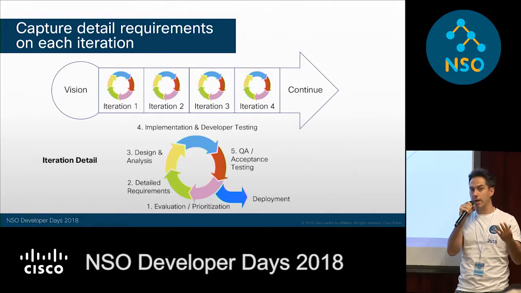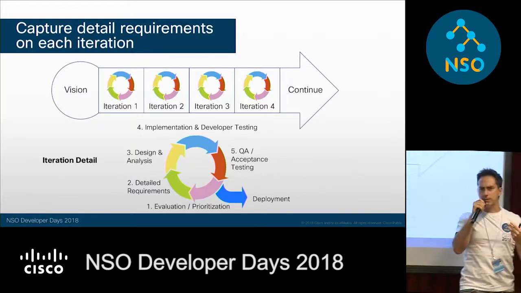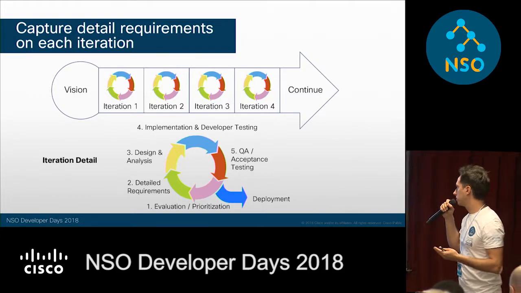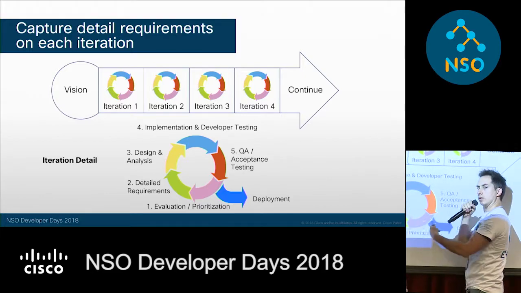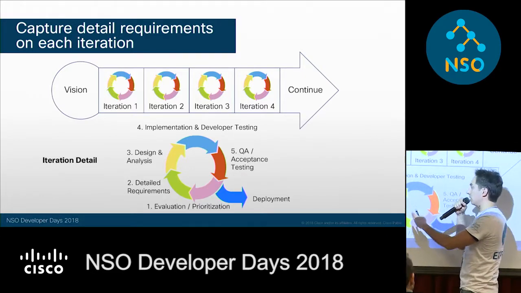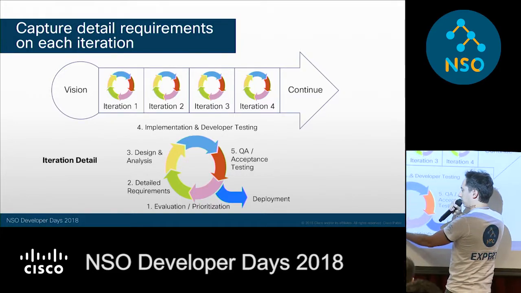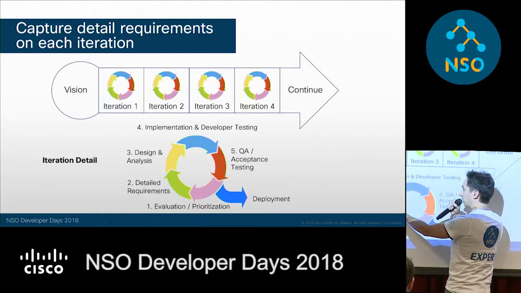You'll need to guide, especially in the first iteration. This is very time consuming. Why? Because the other iterations are going to work over the previously defined requirements versions. So once you have the requirements, you will go and do your design and your analysis.